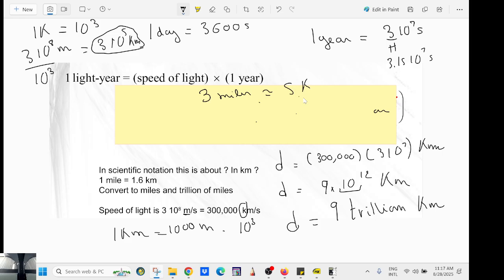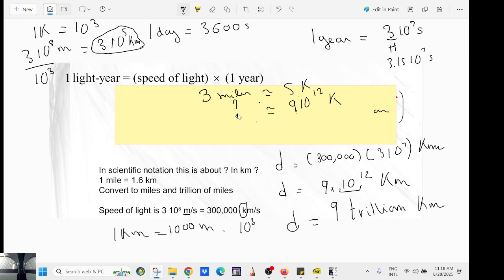Do 15K. It's never enough. But 3 miles is 5K. So here you have 9 times 10 to the 12 K. What's going to be in miles? So you use 6, yes.